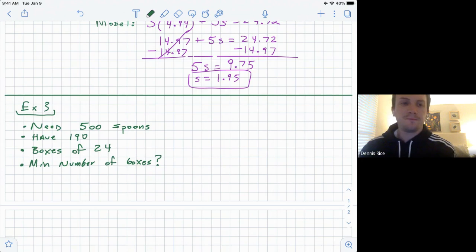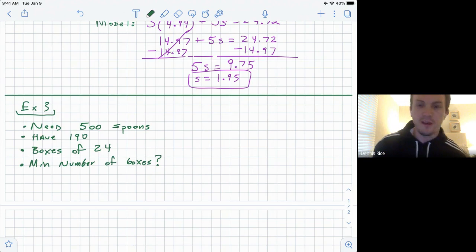Take a moment. Once again, we'll try to set this up. We'll try to identify an actual inequality here. We'll set up an inequality and then we'll solve.